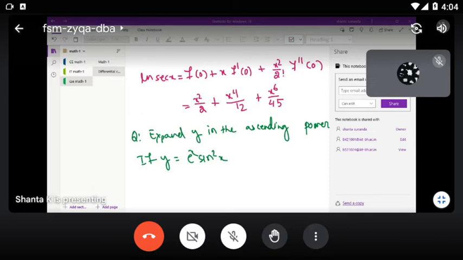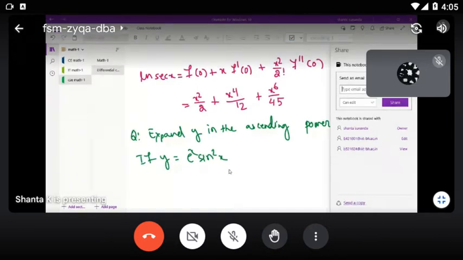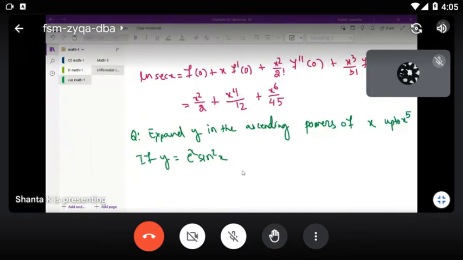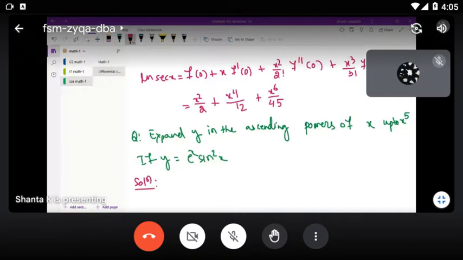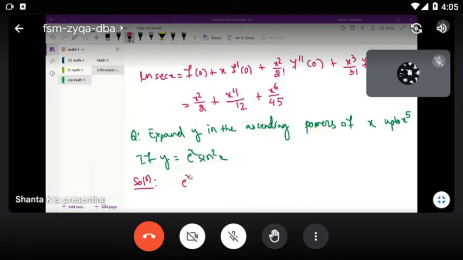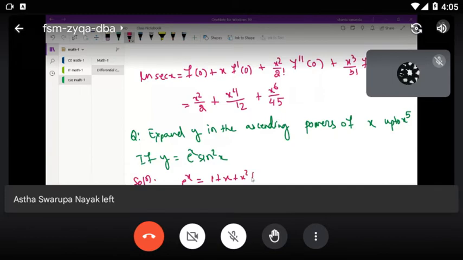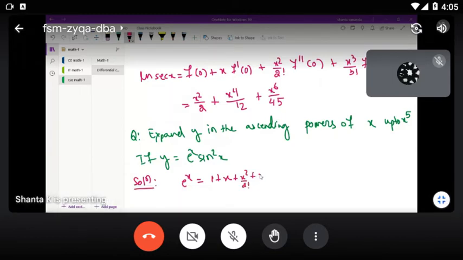Okay, in which way you are doing? Whether the multiplication way or the standard form you are doing? So if you look at the series, this series will be 1 plus x square by factorial.